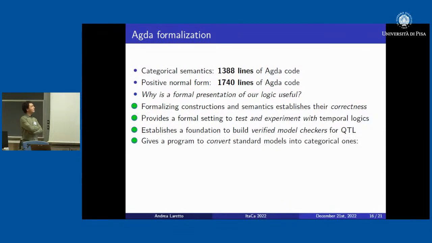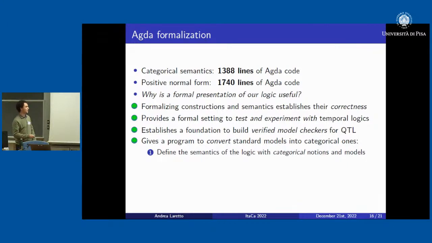And given the constructive interpretation, again, you also practically have a program which can convert standard models given by transition systems into the categorical ones. Because as I mentioned before with the theorem, we actually have a procedure which converts the standard models into categorical ones. And the workflow is more or less this one. So you can define the semantics of your logic using categorical notions in some sense.